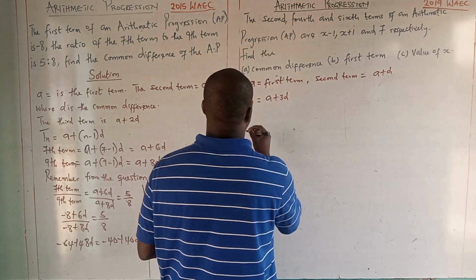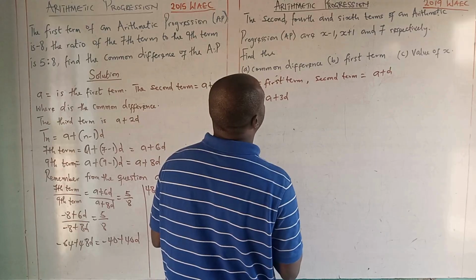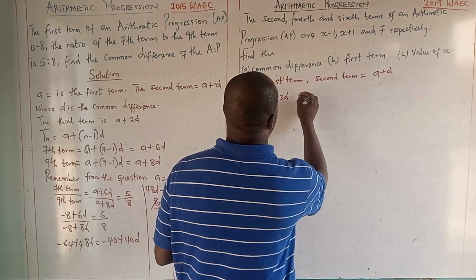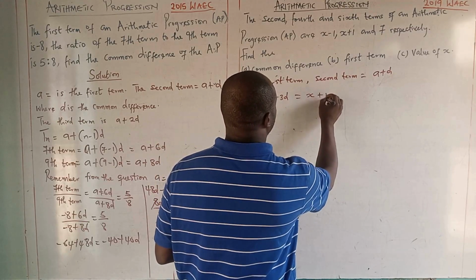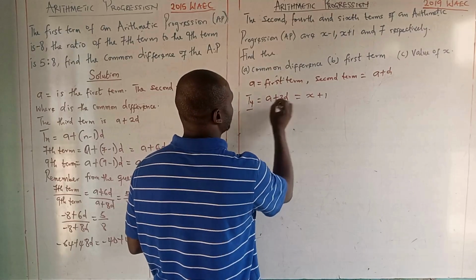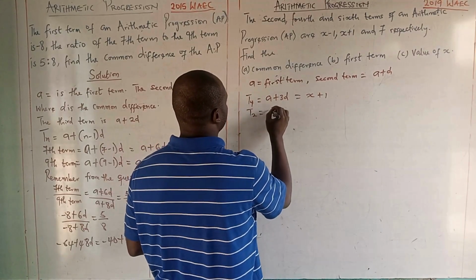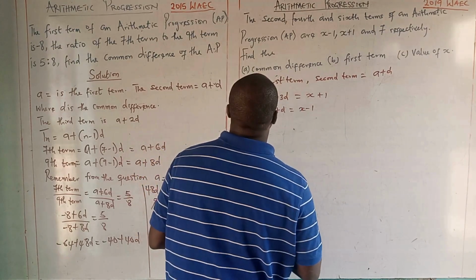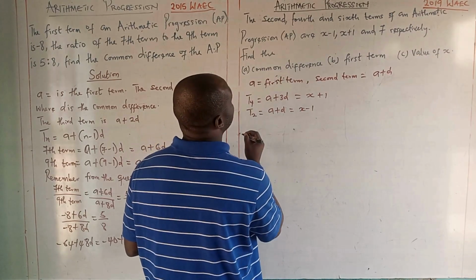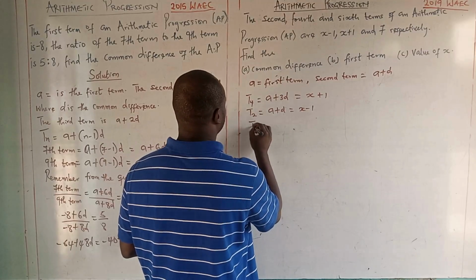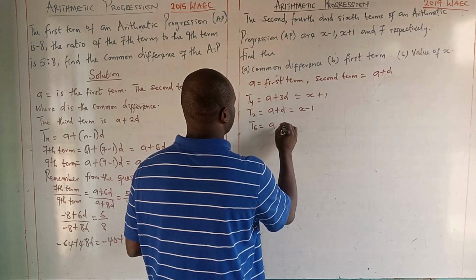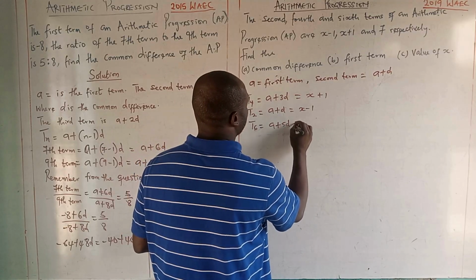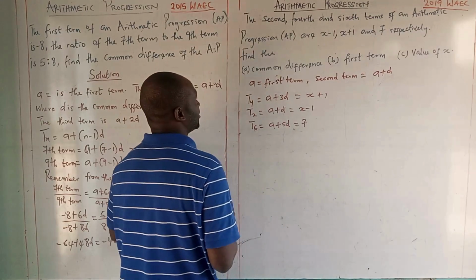Alright? And they gave us the fourth term as x plus 1. The second term, T2, a plus d, is x minus 1. And then we have the sixth term, T6, which is a plus 5d, and this is equal to 7.